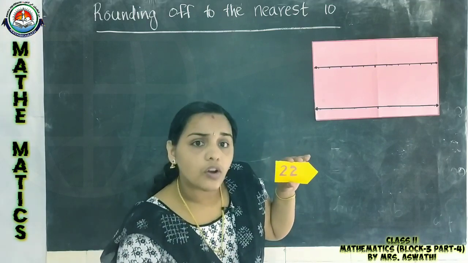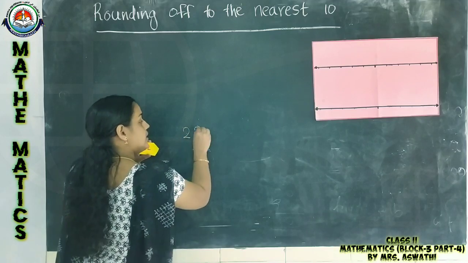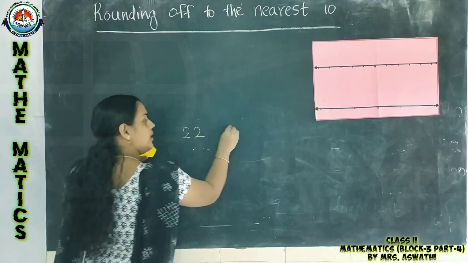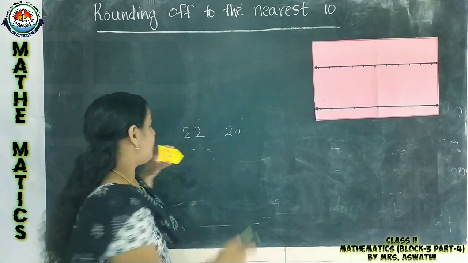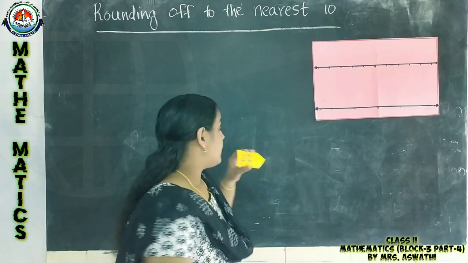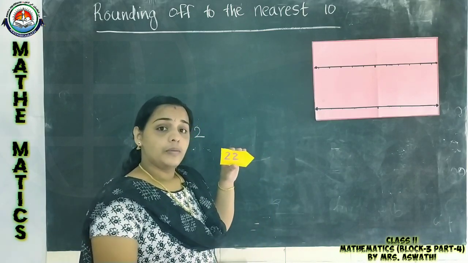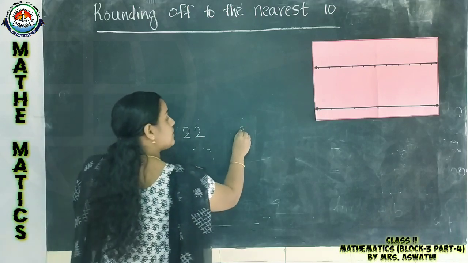Is it 10 and 20? Does number 22 lie between 10 and 20? Is this correct? No. Then which tens is it between? Yes, 20 and 30.